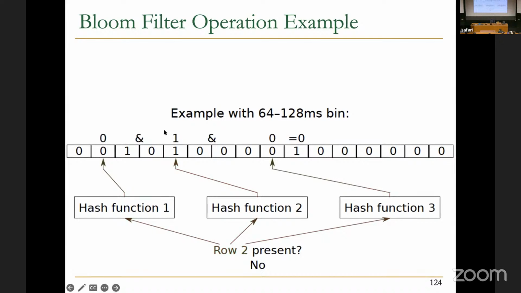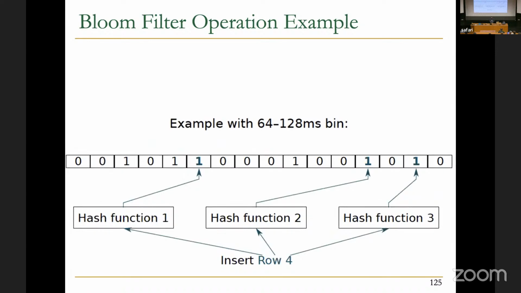If some of them are set and some are not, like when you AND all these, the result is 0, right? The first hash function points to a bit 0, even though hash function 2 has logic 1. You do not have logic 1 in all of the hash functions. So the conclusion is that this row does not belong to this set, so it does not need to be refreshed every 64 or 128 milliseconds.